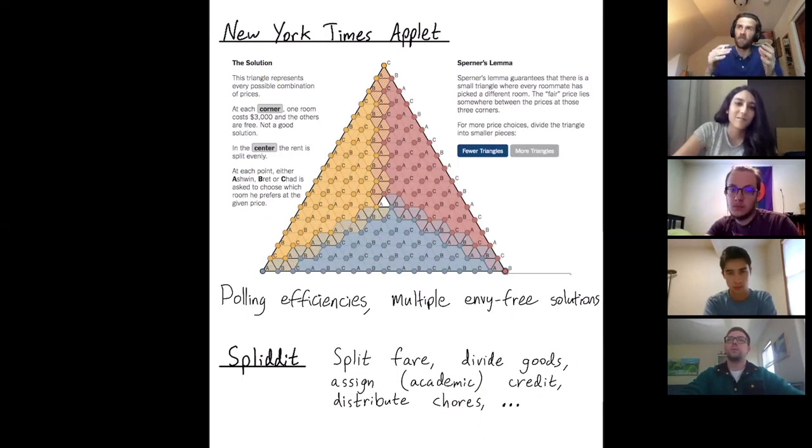As you change the problem from dividing a bad to dividing a good, the algorithms often have to change on the surface in non-trivial ways. So you might have to use a different variant of Sperner's lemma, and oftentimes you can't just negate these algorithms and get a reasonable algorithm for distributing a bad versus a good.